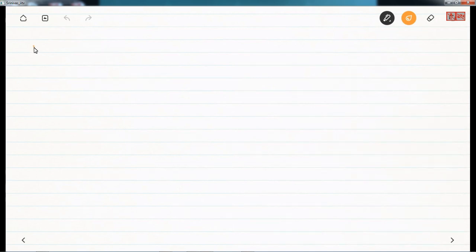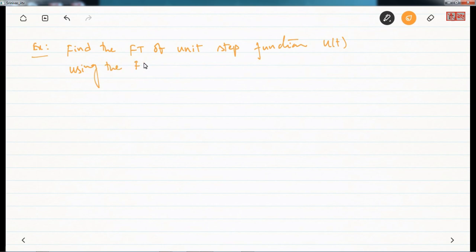Say, for example, you can be asked a question which is something like this: find the Fourier transform of the unit step function u of t using the Fourier transform of delta of t.